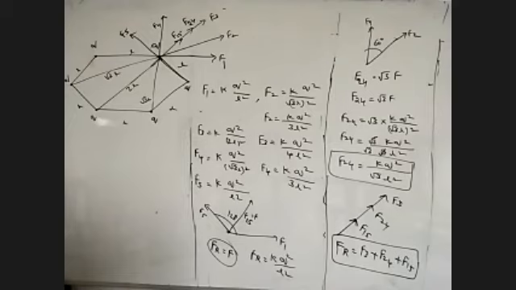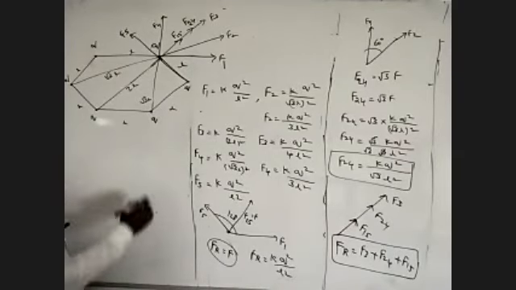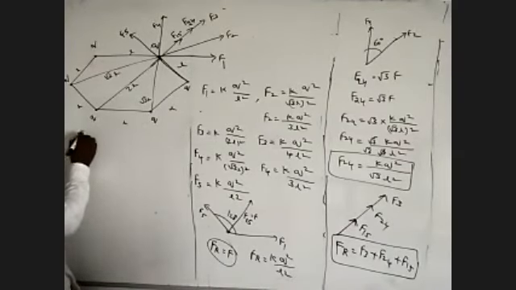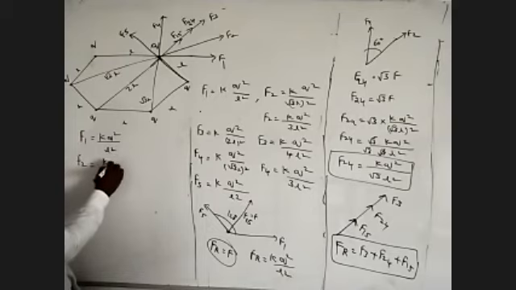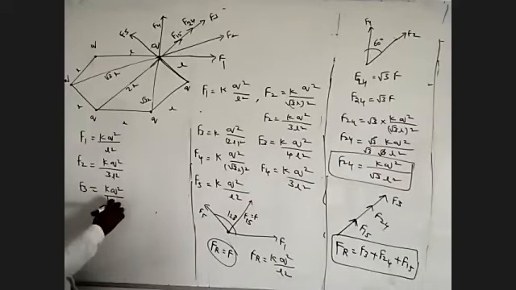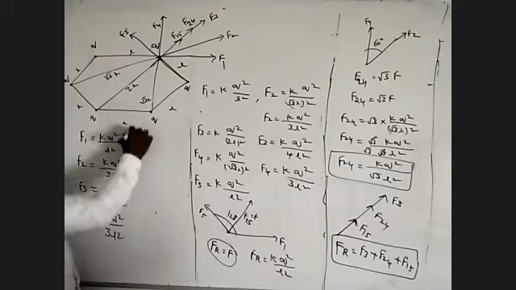Okay, I'm going to write this. F1 force is equal to K into Q squared by L squared. F2 means K into Q squared by 3L squared. F3 means K into Q squared by 4L squared. F4 means K into Q squared by 3L squared.